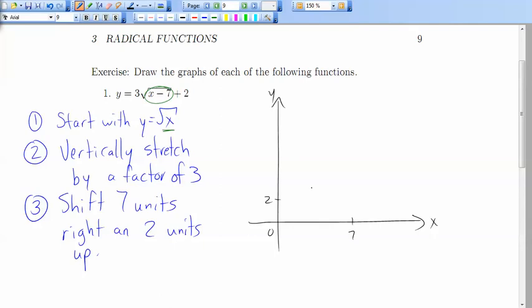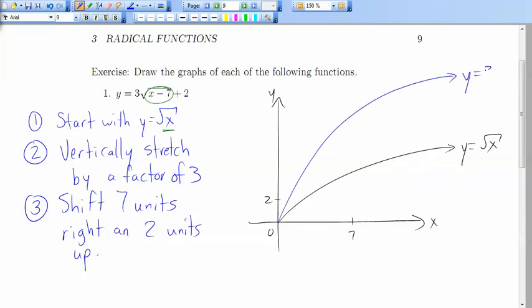So we're going to start with our basic prototype here. Looks something like that. There's y equals the square root of x. Then we'll do a vertical stretch by a factor of 3. All our y values will get multiplied by 3. And lastly, we'll take the blue graph and shift it over 7 units to the right and 2 units up.